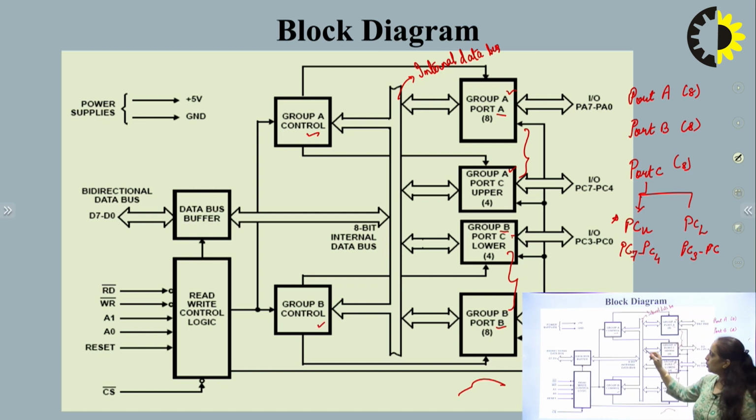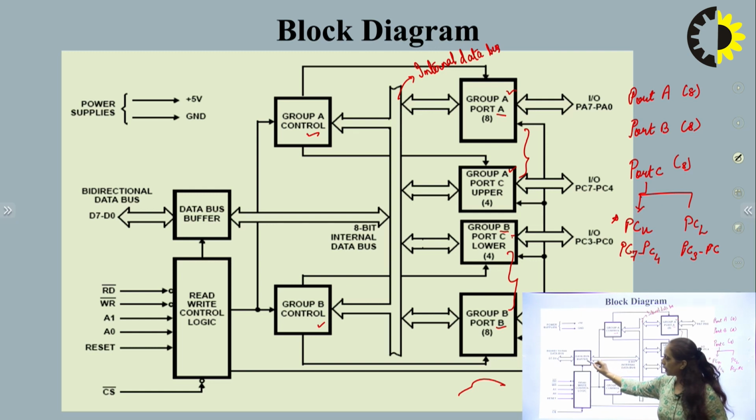Group A control will generate a control signal and send it to the components connected to group A, that is port C upper and port A, and group B control will generate a control signal which will control the working of group B, that is port C lower and port B.